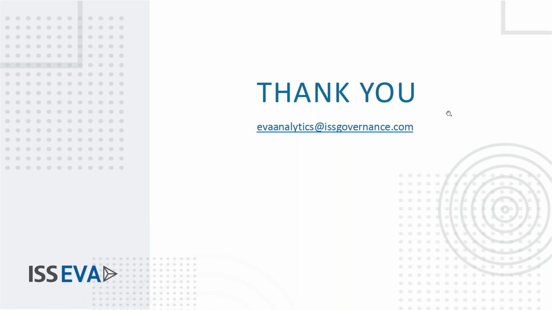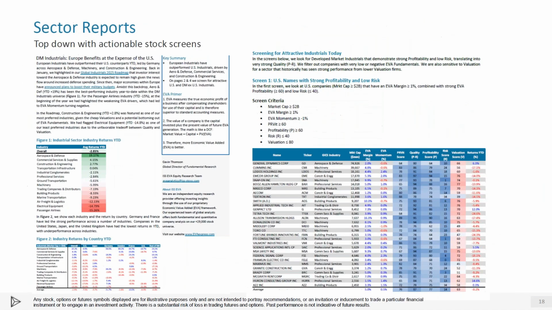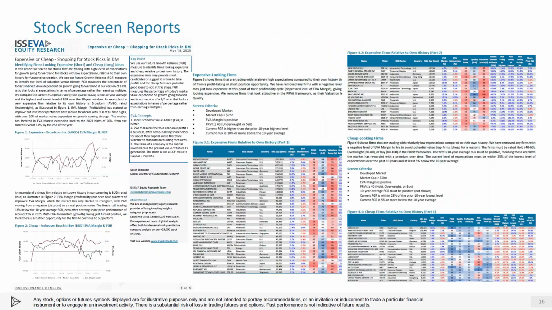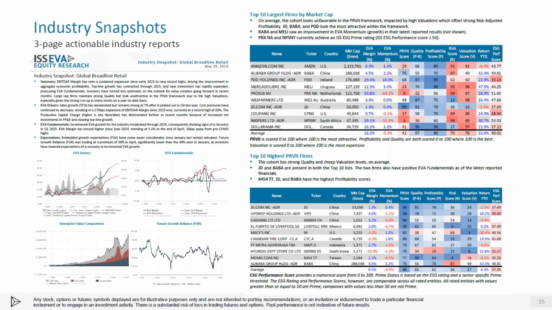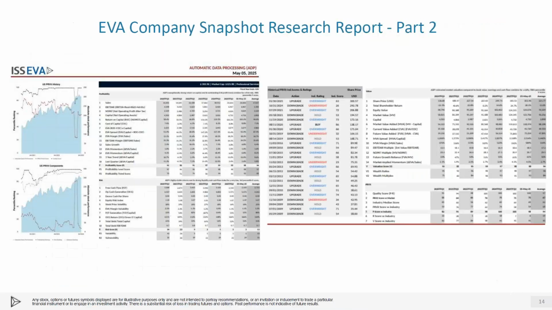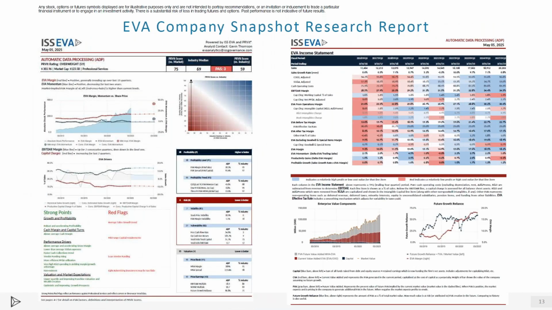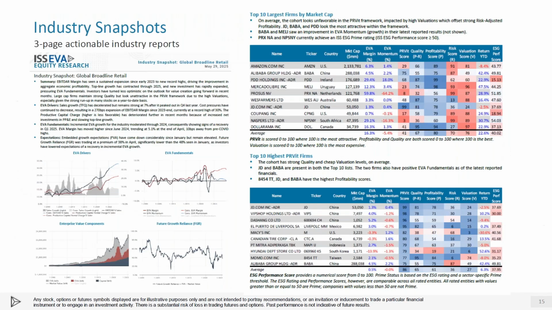So the research reports that I ran through, those last few slides: the quant reports, both the monthly and the quant corner, the industry snapshot reports, the company snapshots for those 29,000 companies, the stock screen reports, the names in the news. All of those research reports that I ran through towards the end of the presentation are all available on the research IBKR platform.